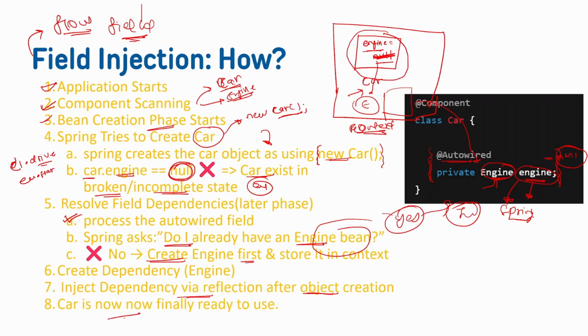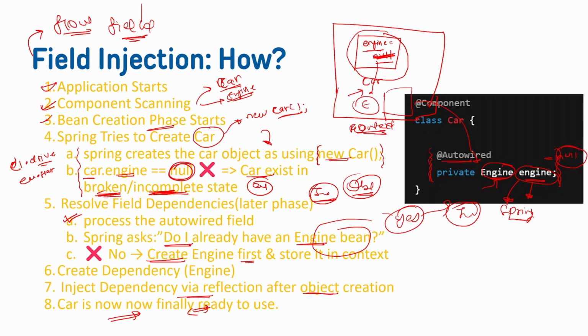So now the Car is finally ready to use. You can see here that for a moment the Car exists in an incomplete or broken state using field injection, because injection happens after the creation of the object. So this will be an error.